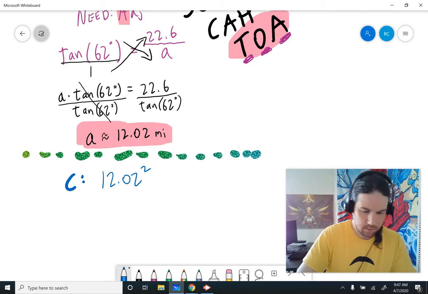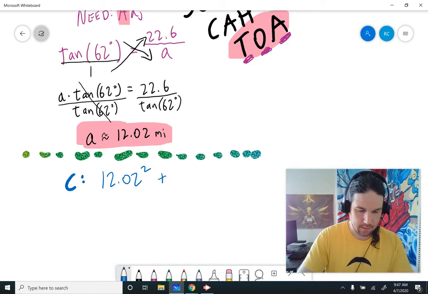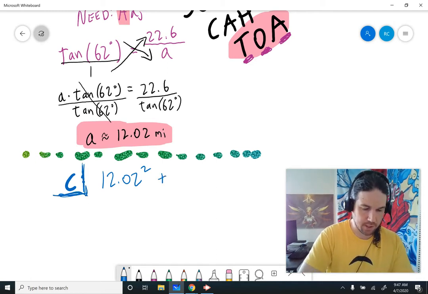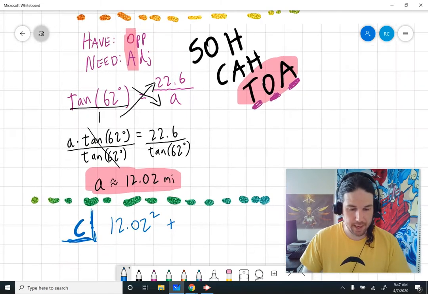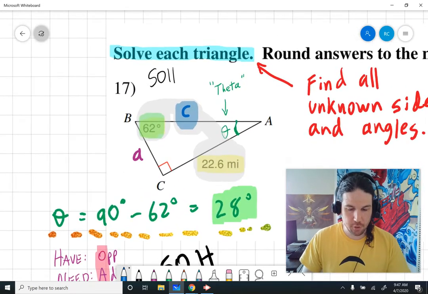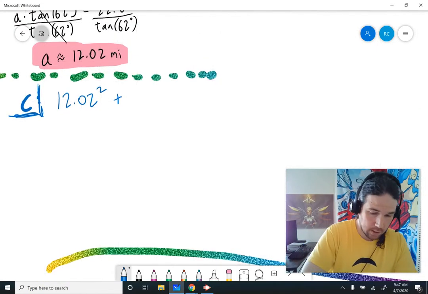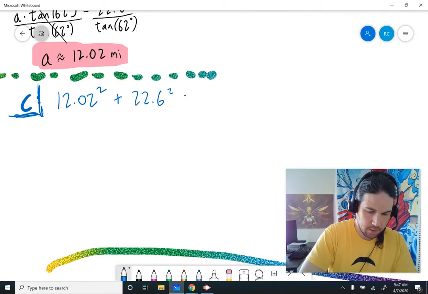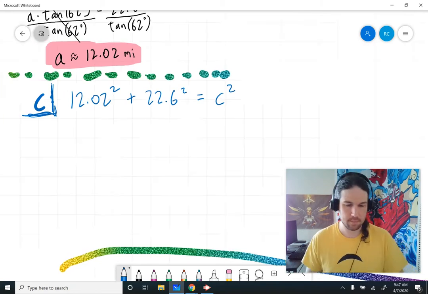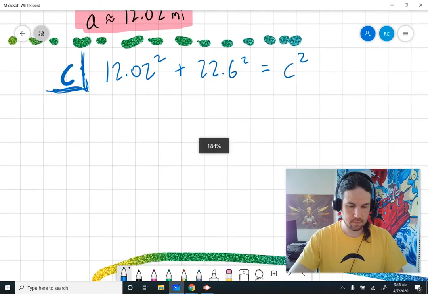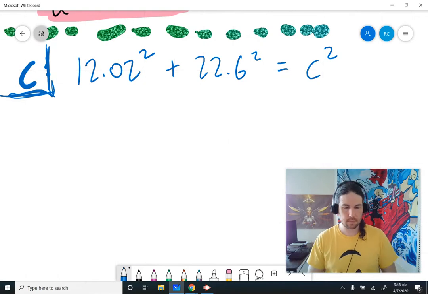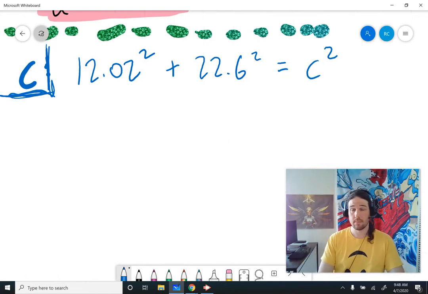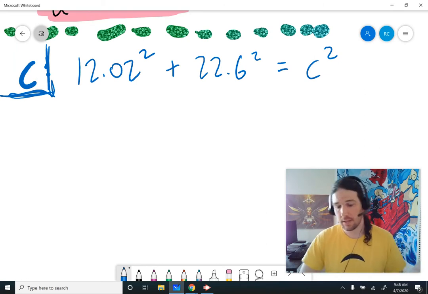A squared plus, I don't want that to be confusing. I'm solving for C here. I'm just labeling that. A squared plus B squared, 22.6 squared equals C squared. 12.02 is what we solved for the shorter leg. 22.6 is the longer leg, which we had.